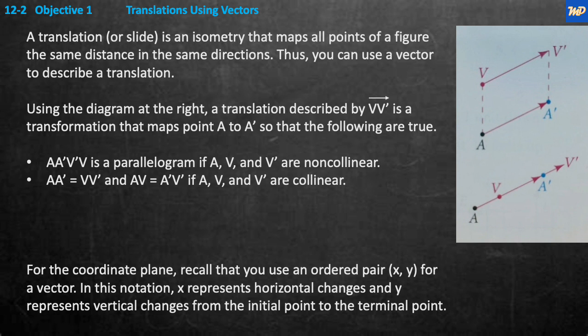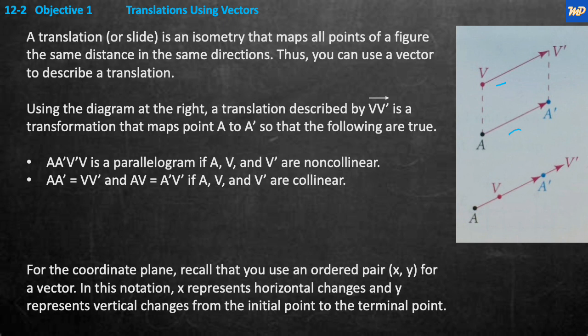Using the diagram at the right, a translation described by the ray v prime is a transformation that maps point A to A prime so that the following are true. So you see them over here. We got the v prime right here and the A prime. The top ray is the vector they're talking about. We can use that to describe a translation.